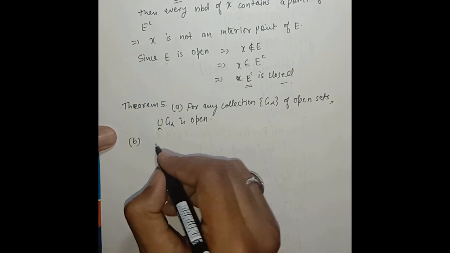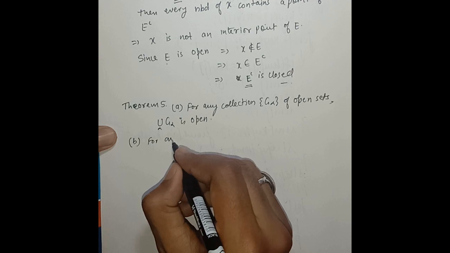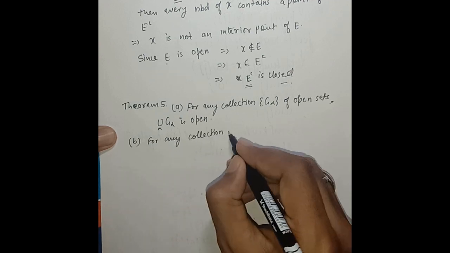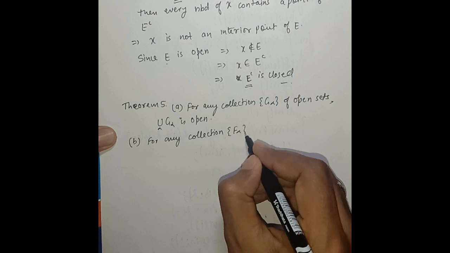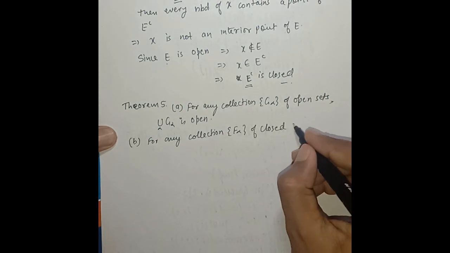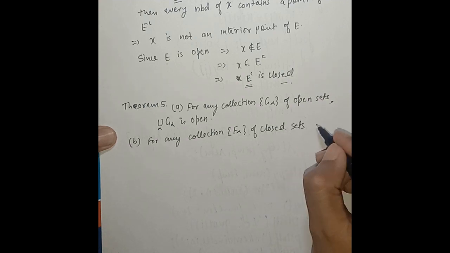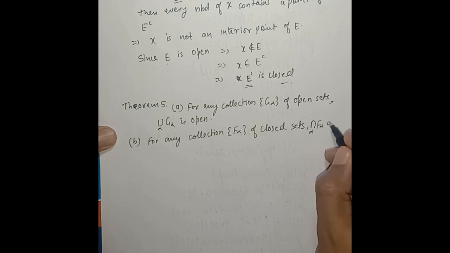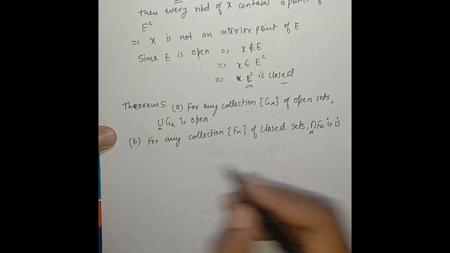Part B: for any collection F alpha of closed sets, the intersection of F alpha is closed.